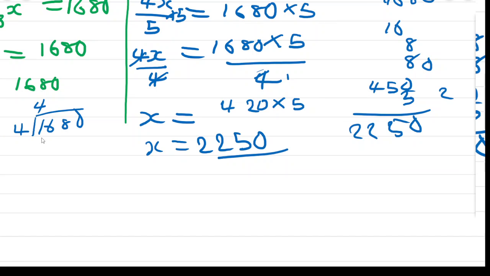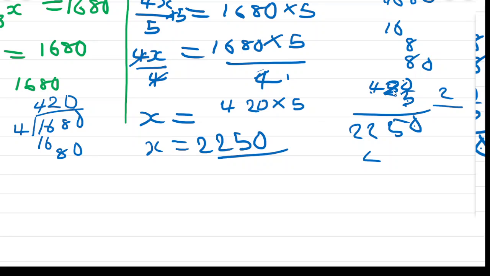So 4 times 4, 16, so I have 80 here, 20, yeah, 420. Then we did 420 by 5, so 5 times 0 is 0, 5 times 5 is 25, 5 carry 2, then 5 times 4 is 20, no, this is 420, sorry.